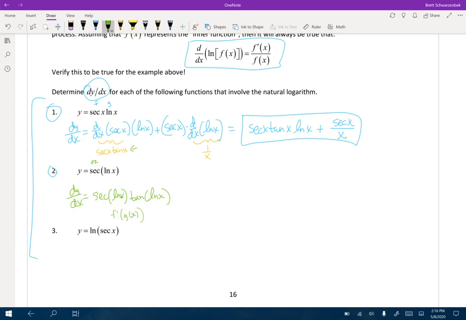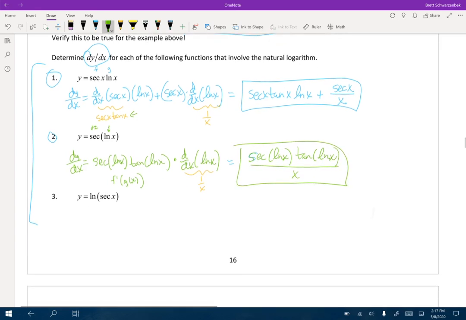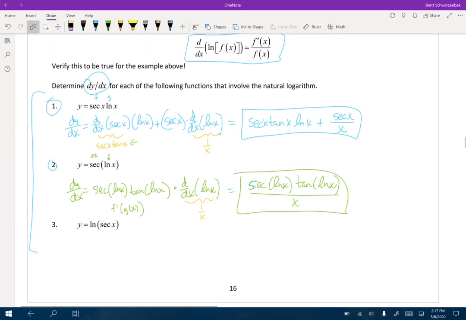You take the derivative, which is secant x and tangent x, and put g of x in for the x's. Then multiply by the derivative of the inner function, which is again just 1 over x. So we take the entire left side, secant of natural log, tangent of natural log, and put it over x, which is our derivative for our problem. Crazy looking stuff, but that's the idea.